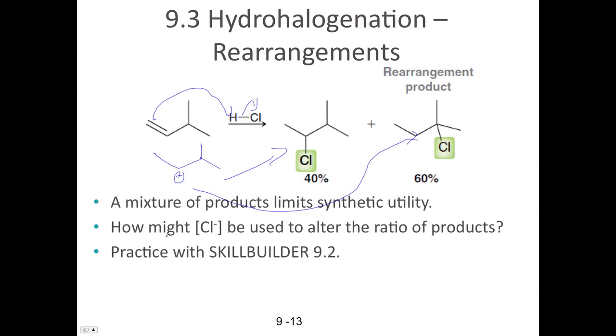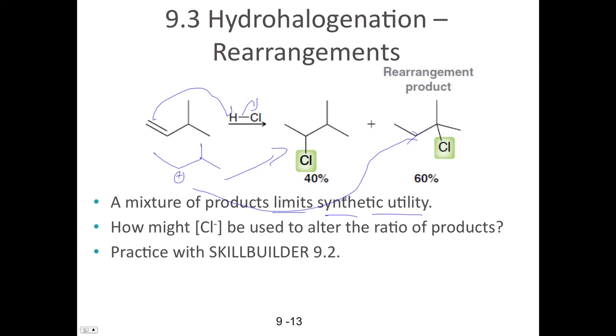Of course, it's a rearrangement, but it limits synthetic utility. If you've been coming to my discussions, I also give you two or 3 minutes, hopefully almost every time, about why this reaction sucks and why this one is great. That's just based on my experience in the field, looking at these reactions for 20 years or so. You want reactions that do not give you a great yield but a gigantic mixture of products.